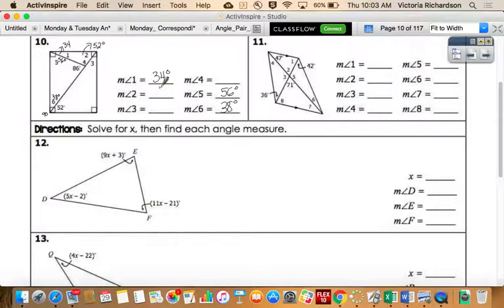So angle 2 is 52 degrees. Now you can subtract angle 1 and angle 2 from 180 to give you angle 4, which is 94. And if this angle is 52, I can subtract it from 90 in order to give me angle 3, which is 38 degrees.